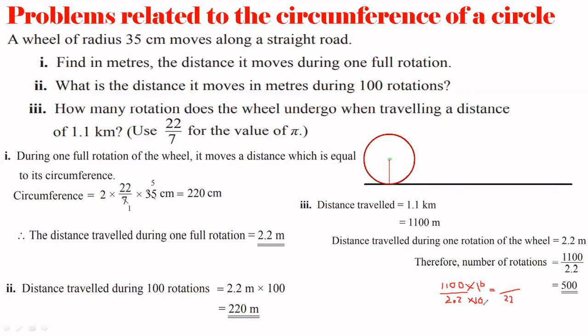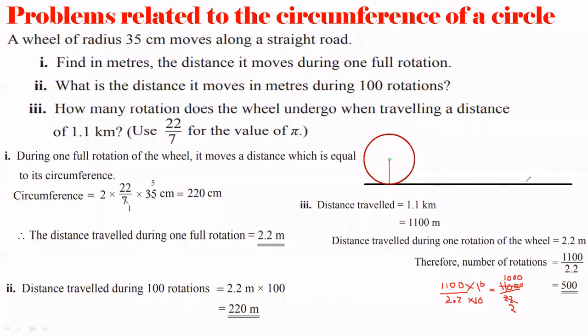Here there is one decimal place, so multiply by 10. 2.2 multiplied by 10 is 22, and when you multiply 1100 by 10, there are 3 zeros. 22 divided by 11: 11 into 2, 22. 11 into 1, 11, then the zeros. 1000 divided by 2, the answer is 500.